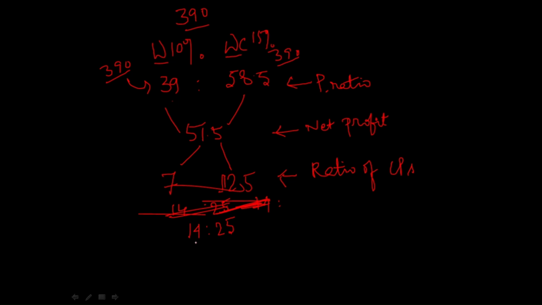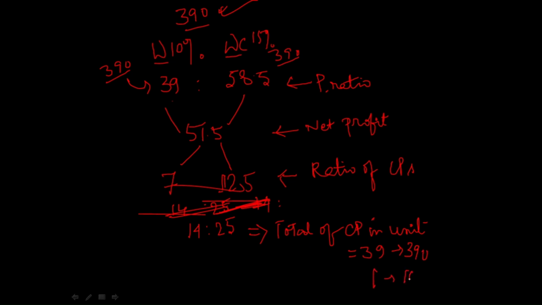So here we can see the total of CP in units is 39, whereas the total CP is 390, right? So this 39 is equivalent to 390. So 1 is equivalent to 10.